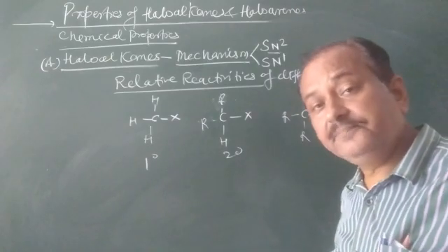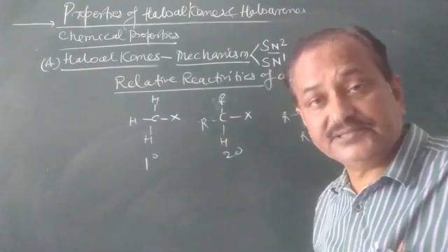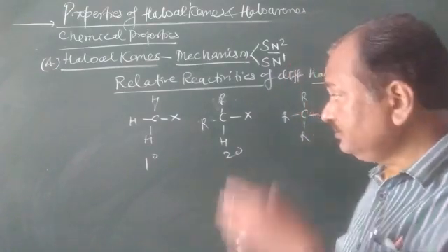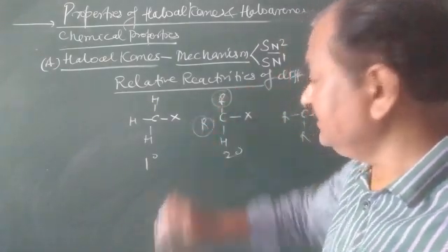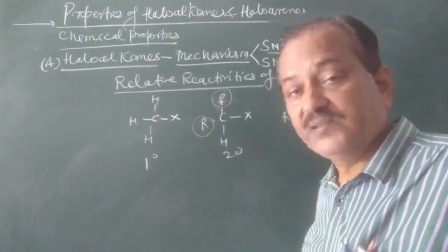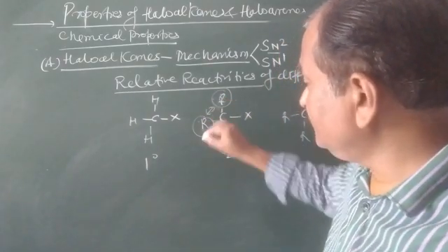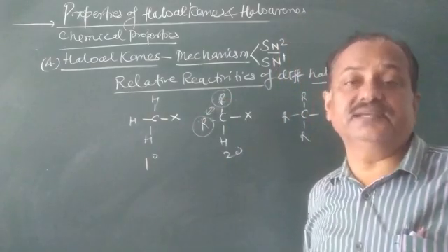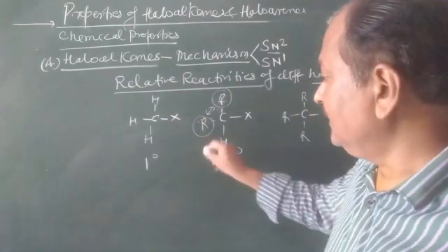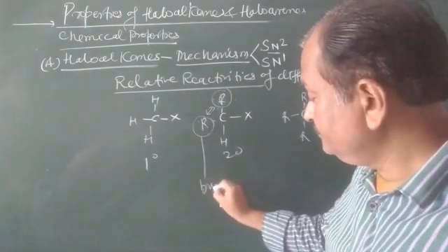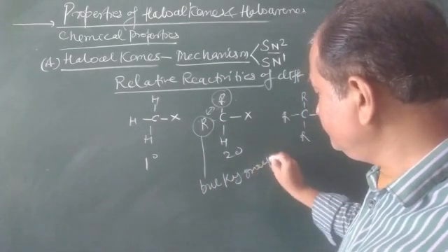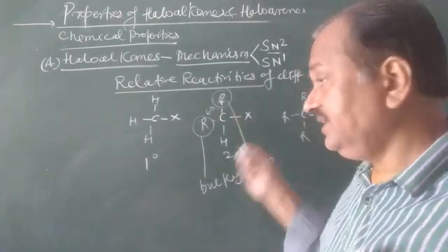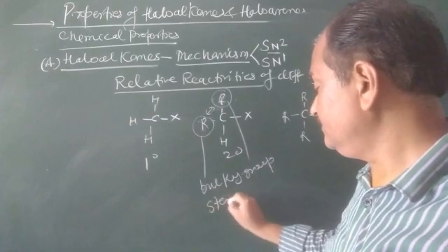Now see, you know about the steric hindrance. And so here these alkyl groups are very bulky. And so they have electron density around themselves. These groups are bulky groups, and so they have steric hindrance.